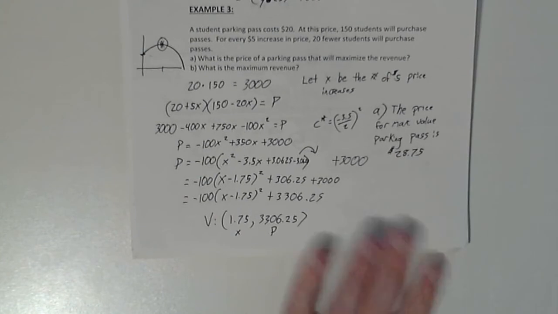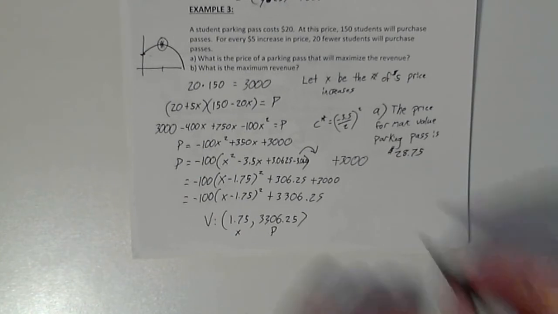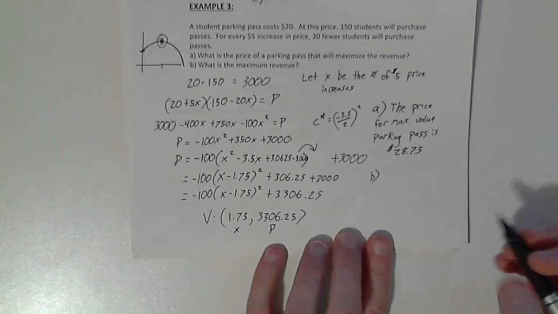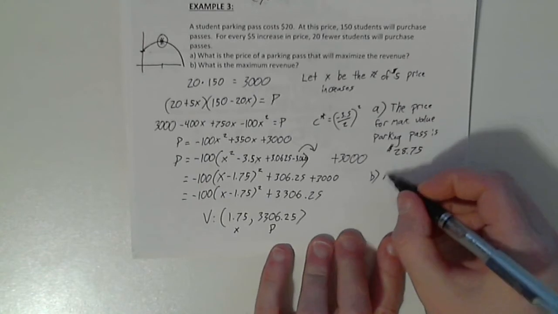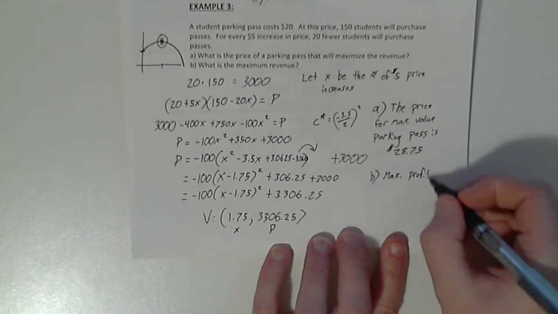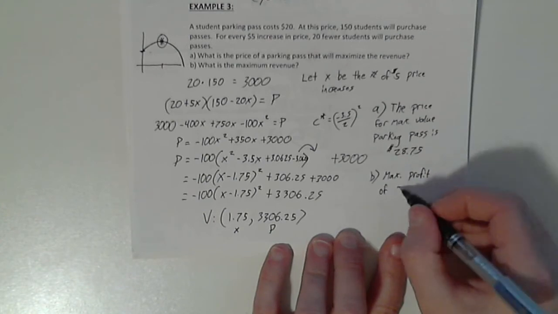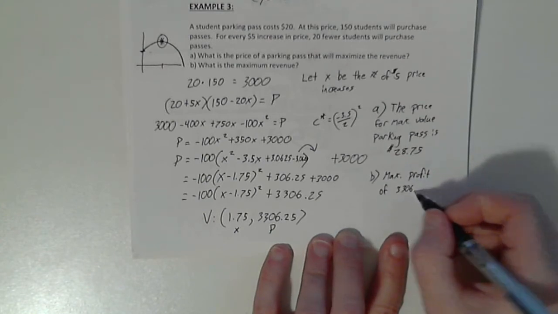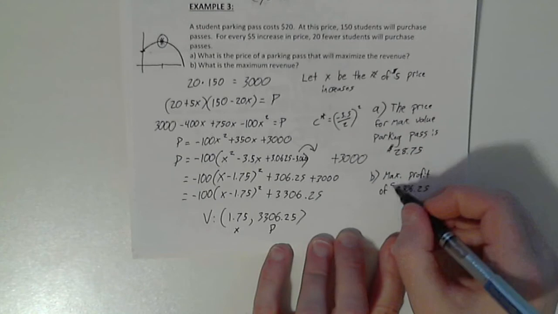That's how much you want to charge for a parking pass. Then the answer to B, how much money will you make? Max profit of $3,306.25.